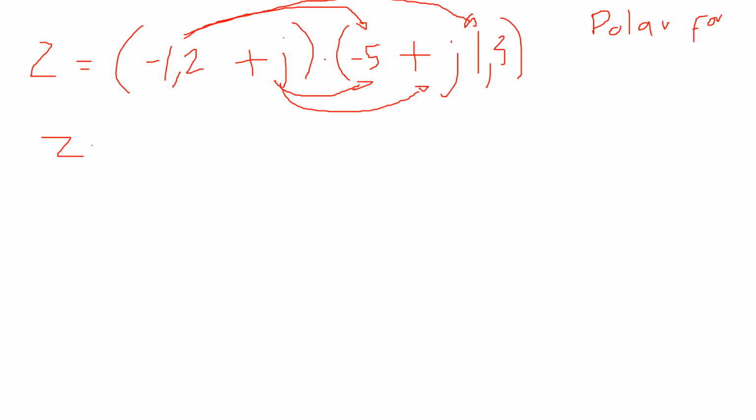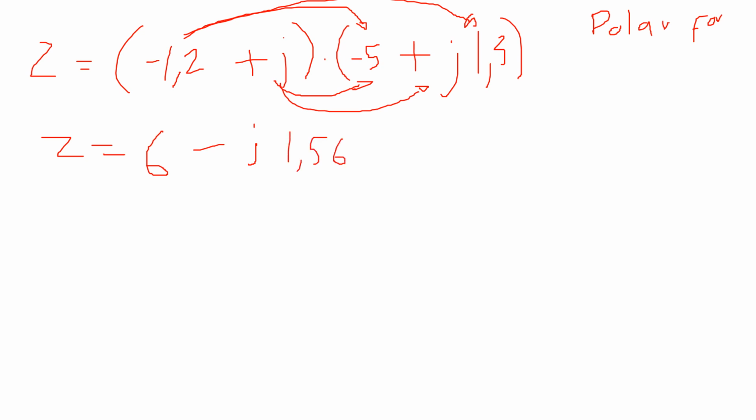So what you will do, you will say negative 1.2 multiplied by negative 5, which is going to give us 6. And then you say what? Negative 1.2 multiplied by j1.3, which will give us negative j1.56.